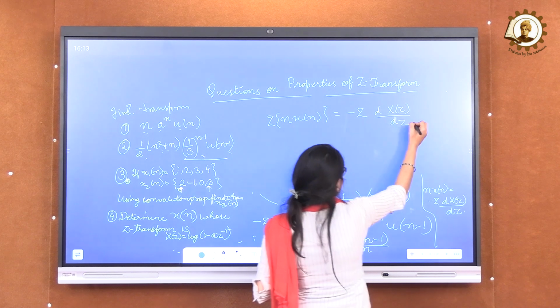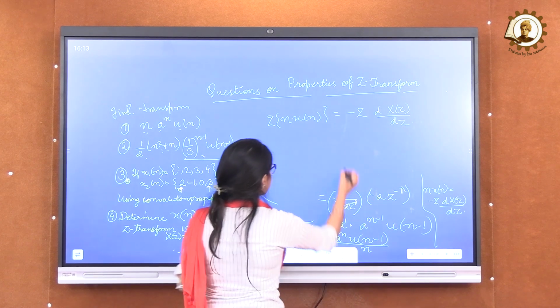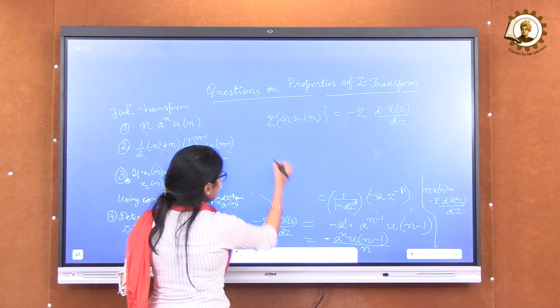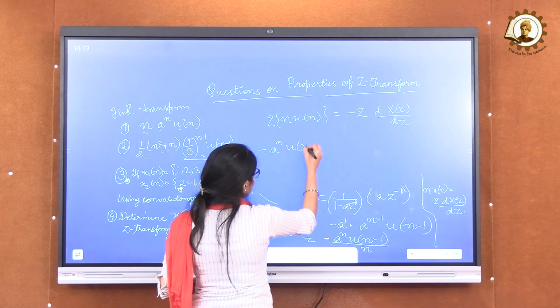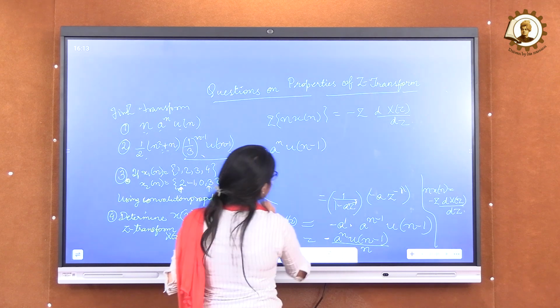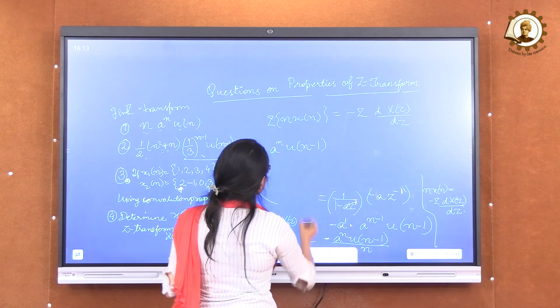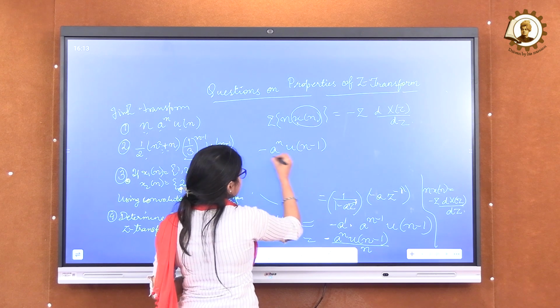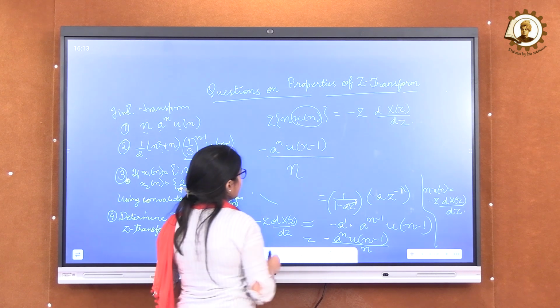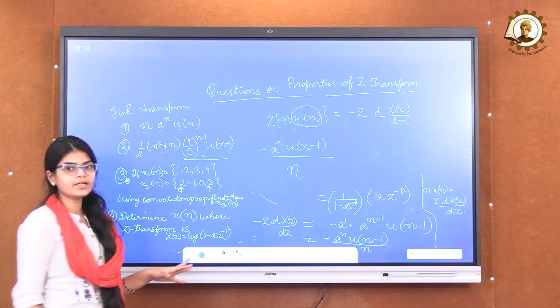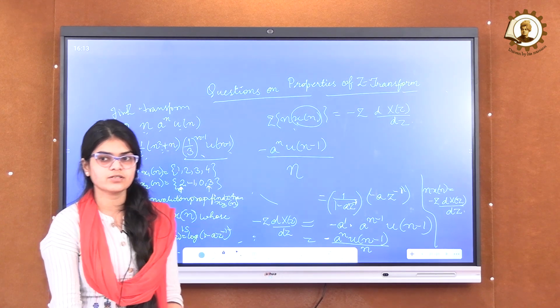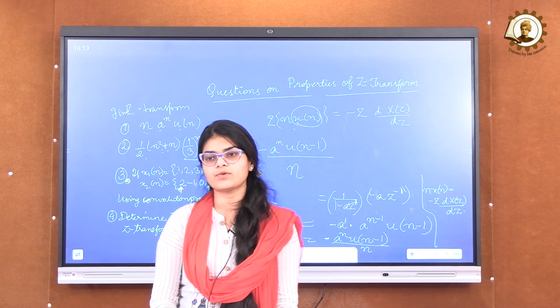By doing this much, we have already got minus a raised to the power of n u[n minus 1]. So this n over here, you need to find x[n], which means you have to divide it by n, and then you have got x[n]. So this is all for today. We will do the inverse z transform in the next class.